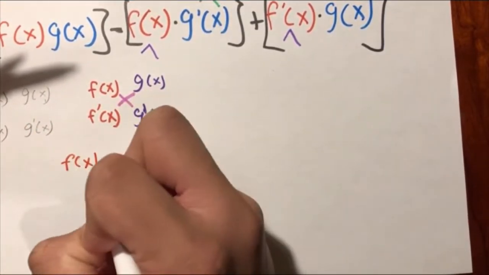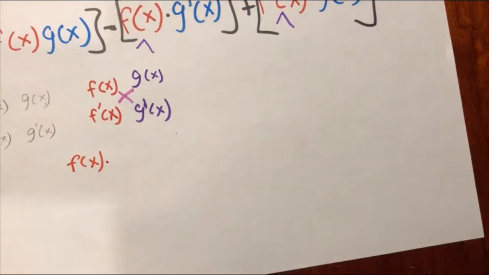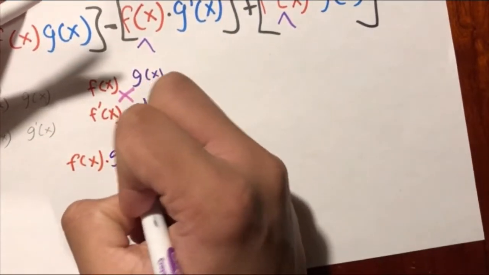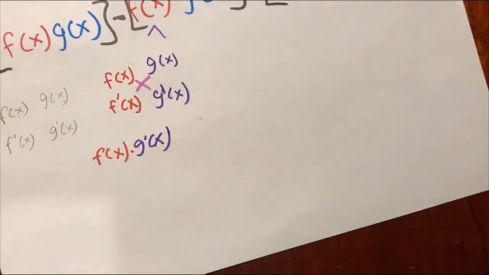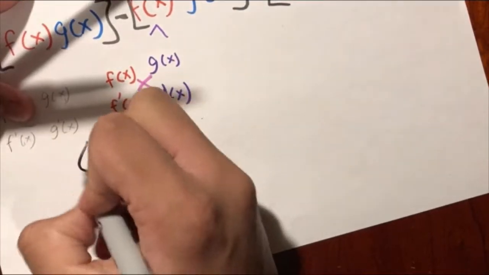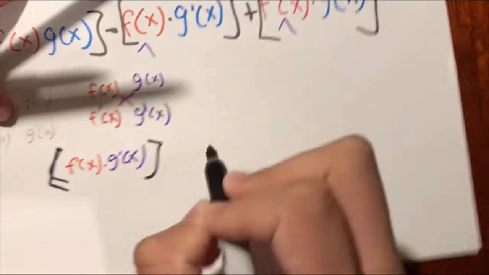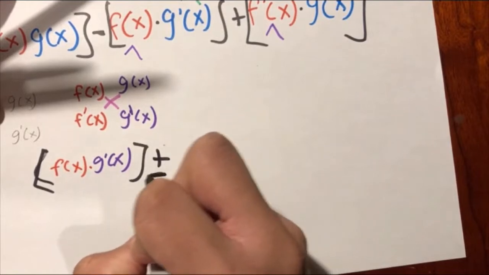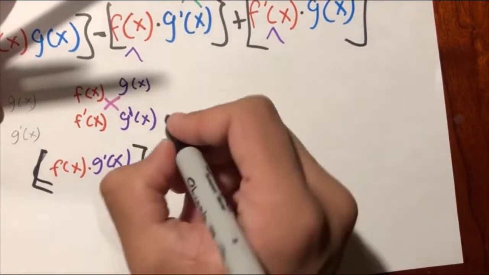f of x times g prime of x, parenthesize that. Then I'm going to add, make sure it's addition. Addition is key.